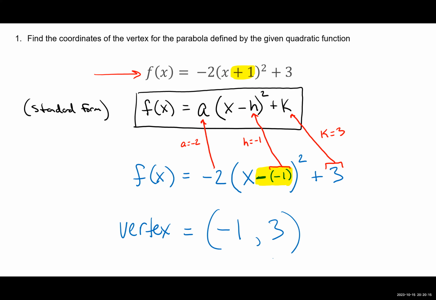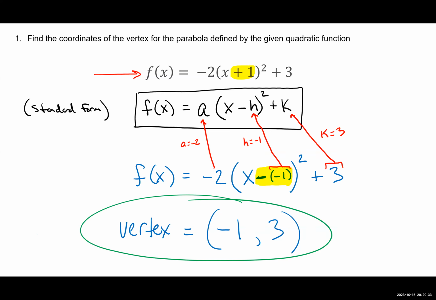So if you were to graph this, you would start at the point -1 comma 3, and then you would draw a parabola from there. In this case, it would be pointing down because you have a negative out front. But here in this problem, we're just looking at the vertex. So that's standard form.